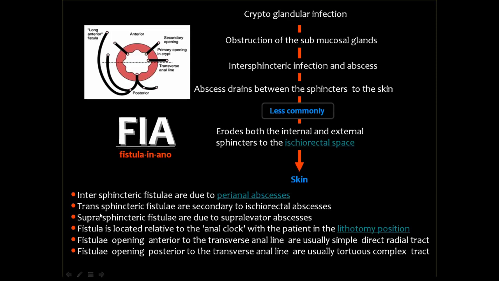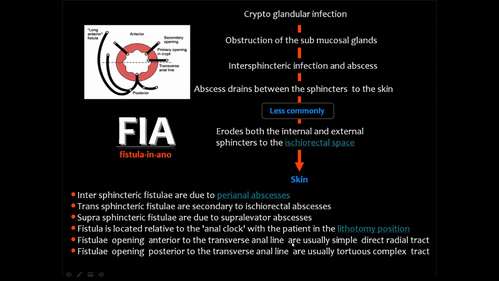Then, intersphincteric fistula is due to a perianal abscess, which tracks between the sphincters. Transsphincteric fistula may be secondary to ischiorectal abscesses going through the sphincters. And then you have the suprasphincteric, I will explain after that.